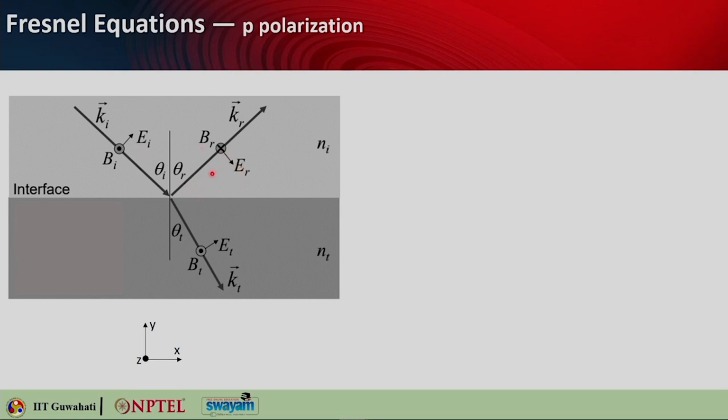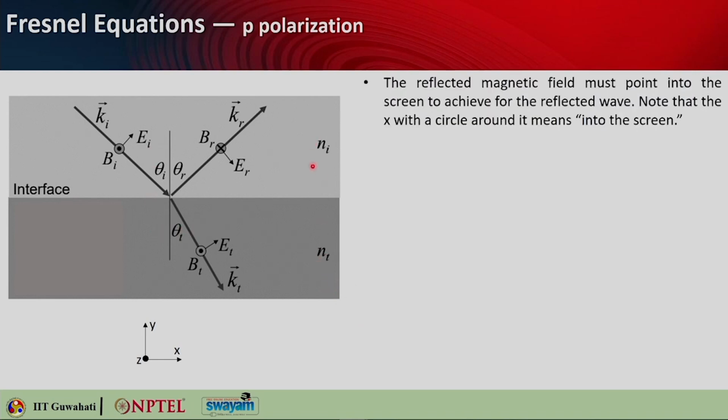So in that case the magnetic field will also change orientation, it will go into the page. But transmission will have more or less similar features to the incident one, just that the transmitted ray will be shifted more towards the normal if we assume that this is a higher refractive index material than this one. So the analysis remains very much similar.